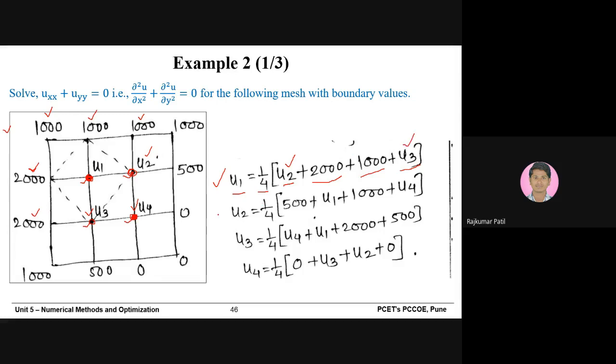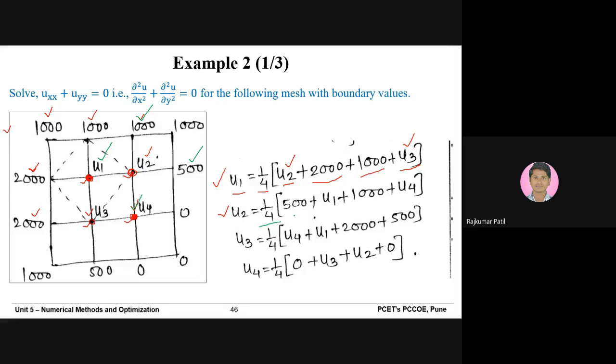Similarly, prepare the equation for u2. So u2 is equal to 1/4 into (500 plus u1 plus 1000 plus u4).